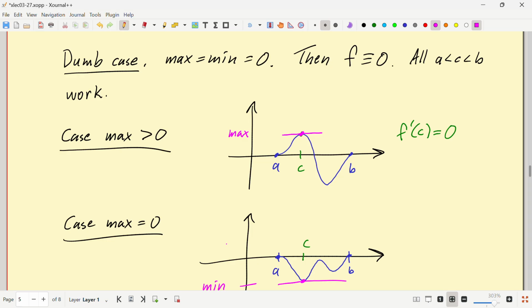If the max is positive, I do that. If it's not positive, I take minus the function. And minus the function would have a positive max. And then I could use the previous case and see that minus f prime of c is 0. Well, that shows that f prime of c is equal to 0 too. So that's another way to do it. If you're trying to make a shortest proof in a book, you possibly can.